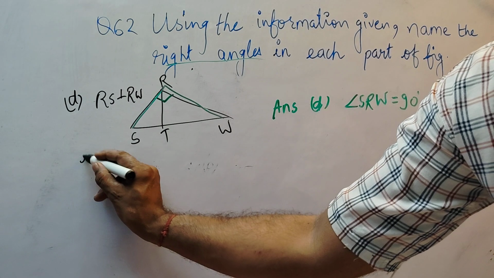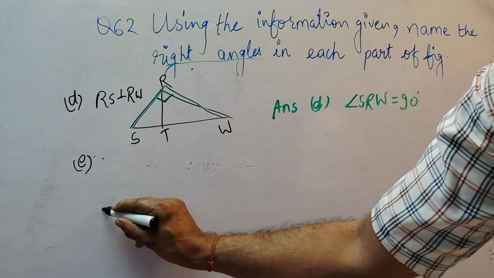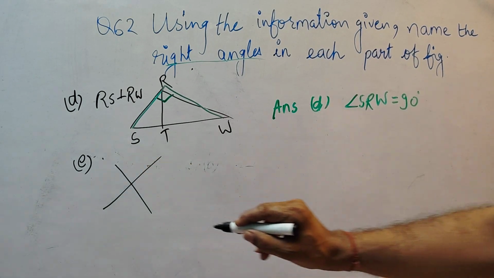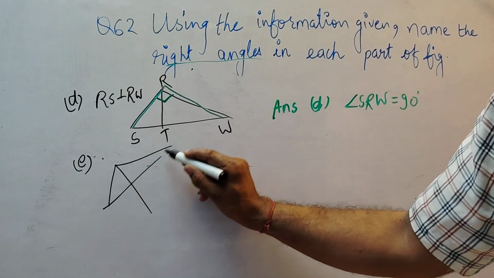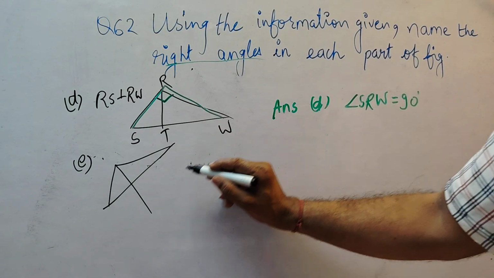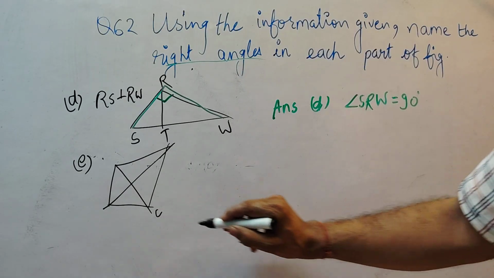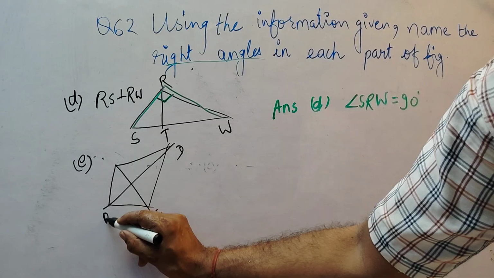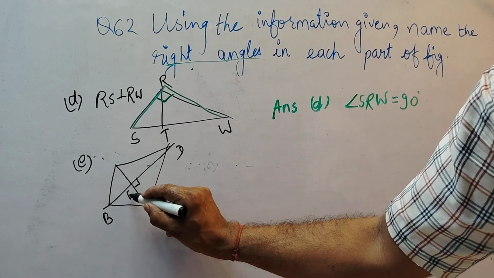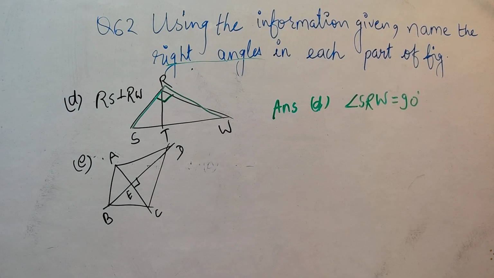Next E part. In E part there are diagonals given. AC is perpendicular to BD.